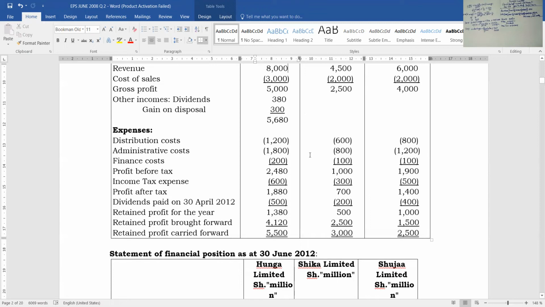These 380 include the dividends received from the investee companies, and that's wrong. The parent is not supposed to receive dividends during the year, because by the end of the period, it would get the entire profit from the investee companies. So we have to subtract the dividends paid by investee companies, the 200 and the 400, but I have to check with the share which the parent controls.